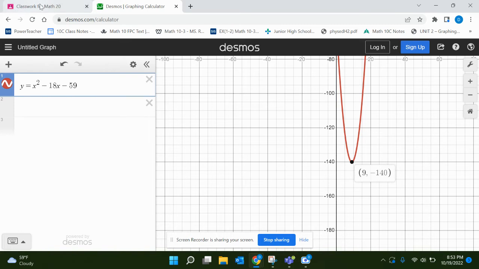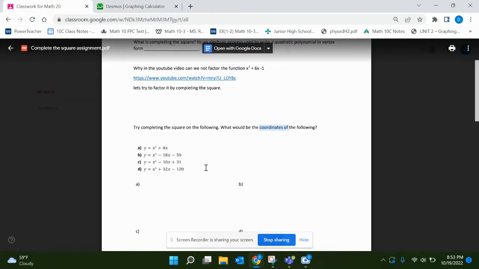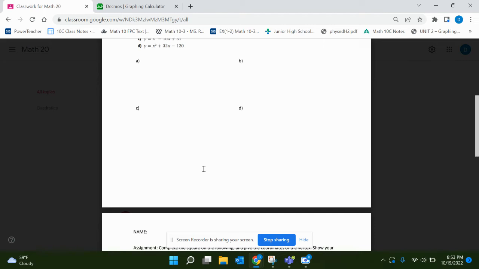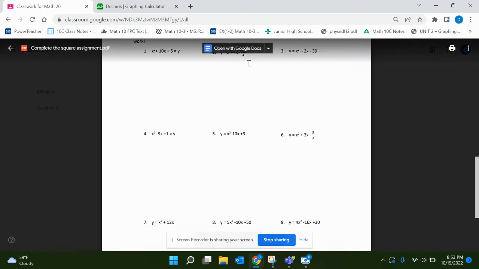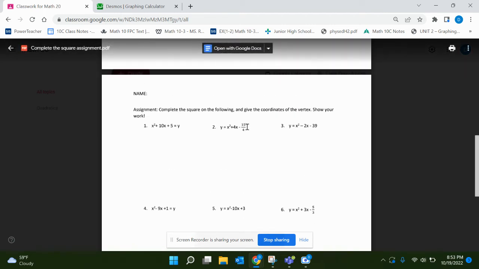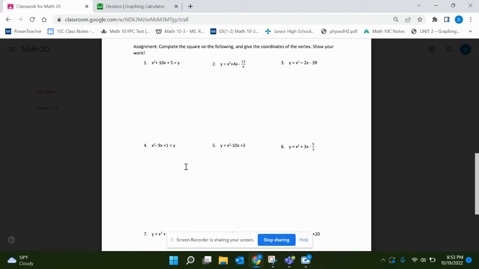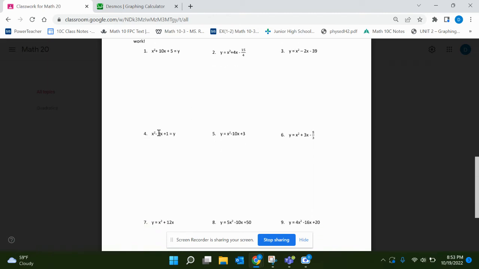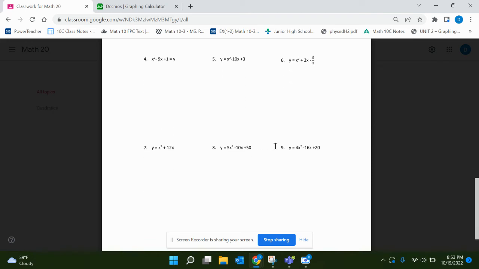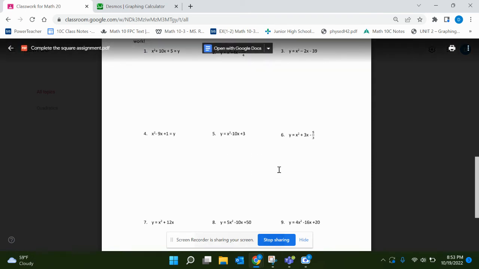Okay, so that can be pretty handy for you guys to figure out. When I look at the assignment, there are some fractions here. Just use your regular fraction laws. You may get some that are odd numbers here. So like when you break this 9x apart, you're going to get 9 over 2x. Okay, that's okay too.